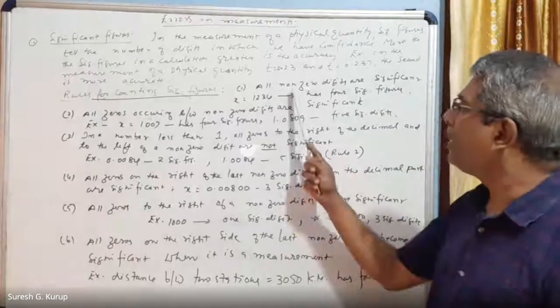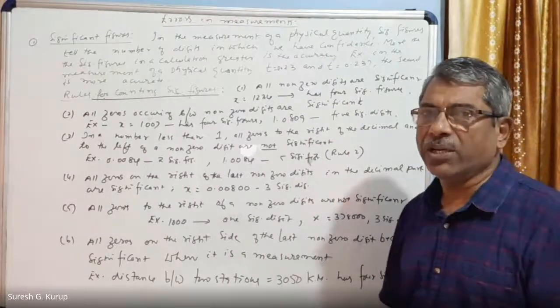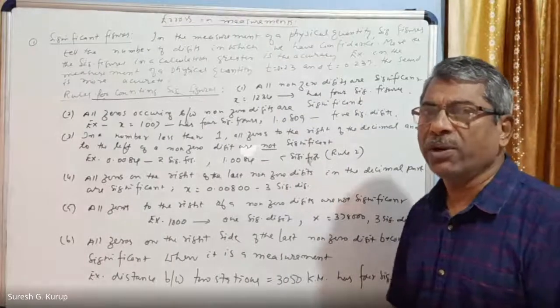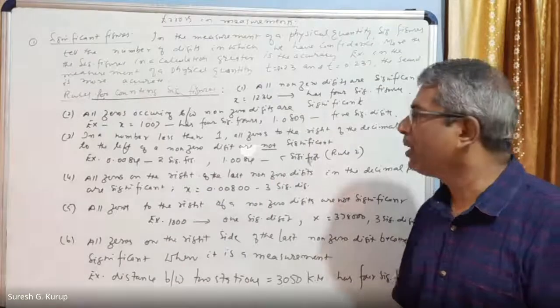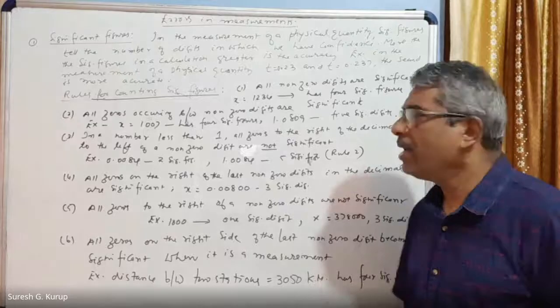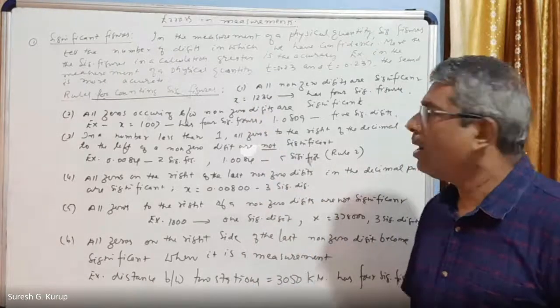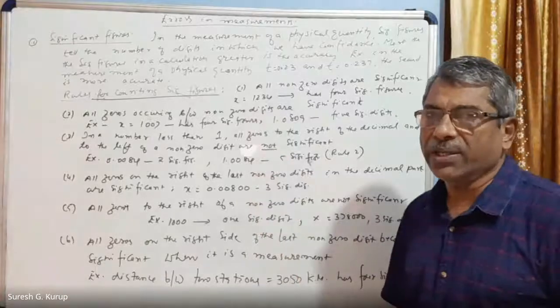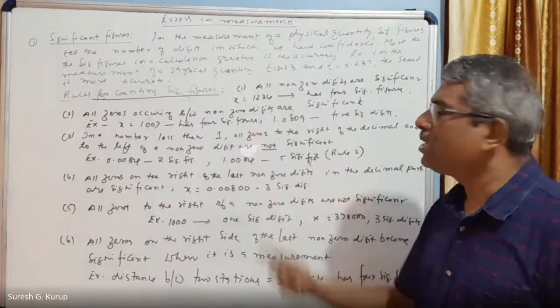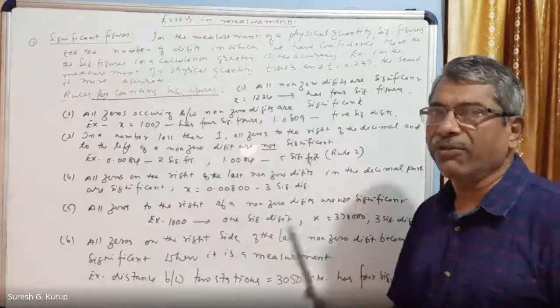See, all the non-zero digits are significant. In a calculation, all the non-zero digits are taken as significant digits. For example, in a calculation, we got the final result as x is equal to 1234. All are non-zero digits. So in this final result, we have to take all the digits as significant digits.